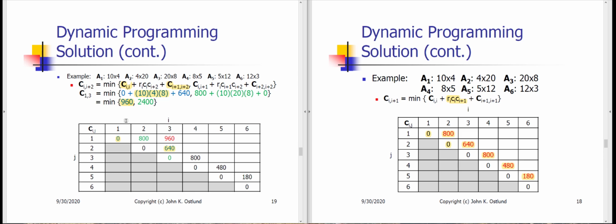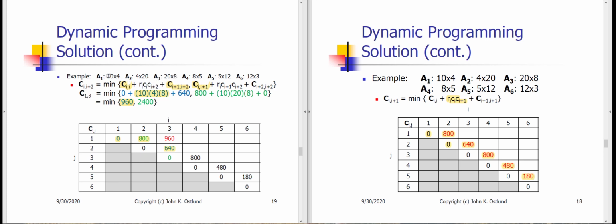All right, so that's one of our two possible costs of computing the product A1 times A2 times A3. The other possible cost is going to be C1,2. The cost of that is 800 plus 10 times 20 times 8.